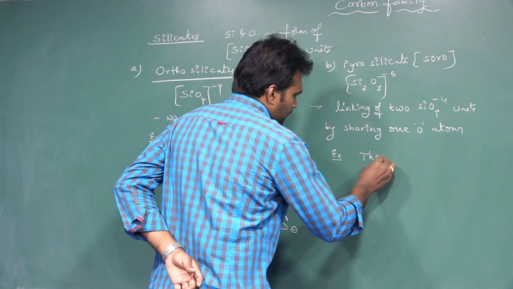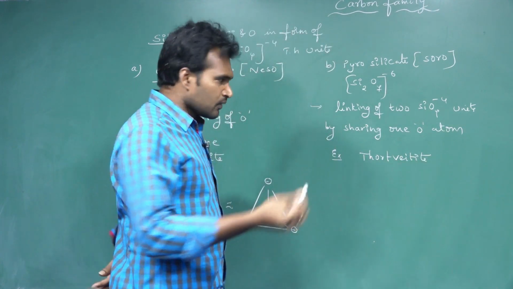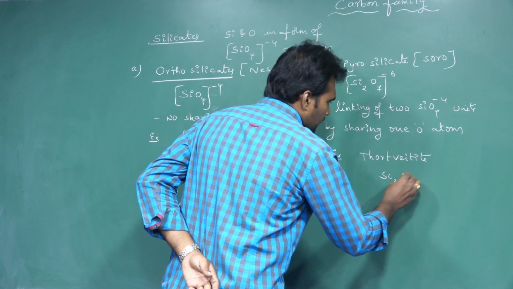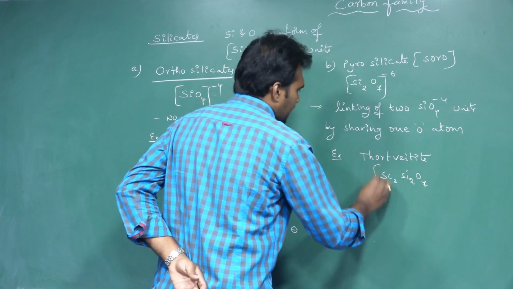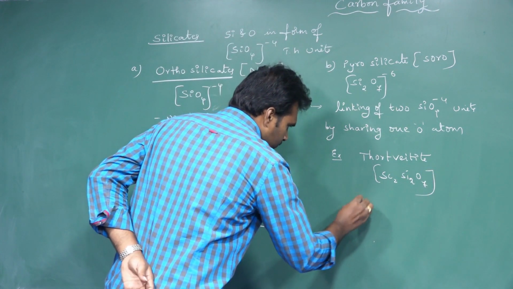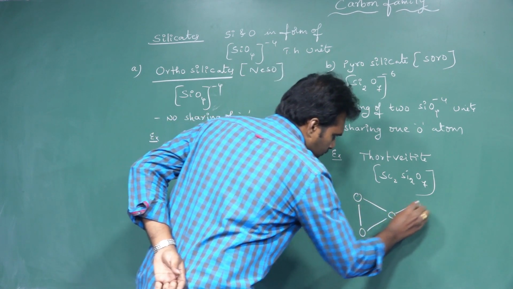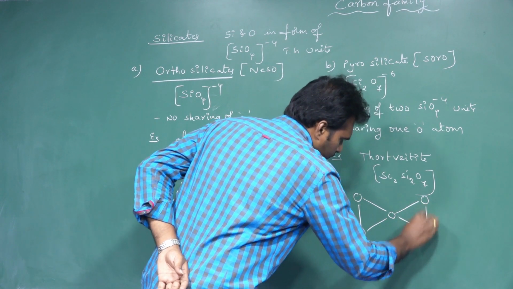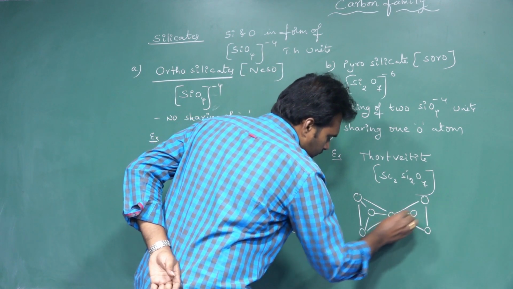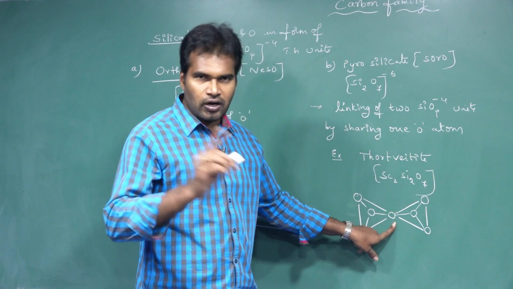An example is thortveitite, and its formula is Si2O7 with a scandium complex with the silicates. If you see the structure, these are the 2 tetrahedral units which are sharing one oxygen atom.